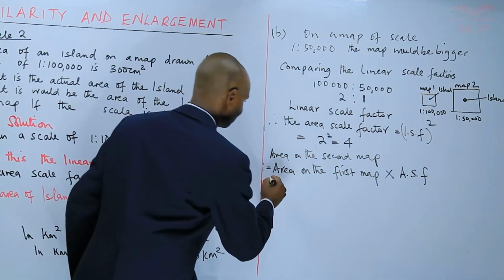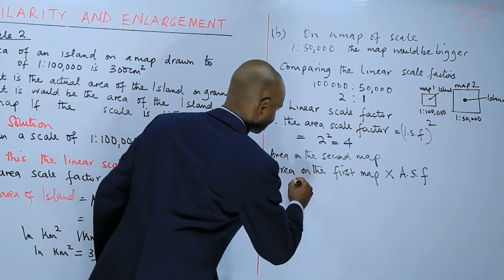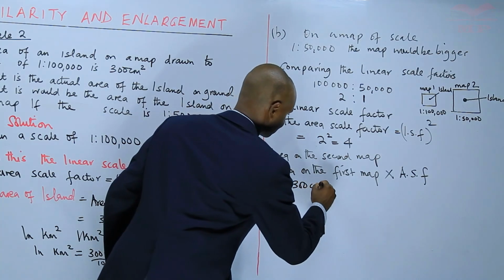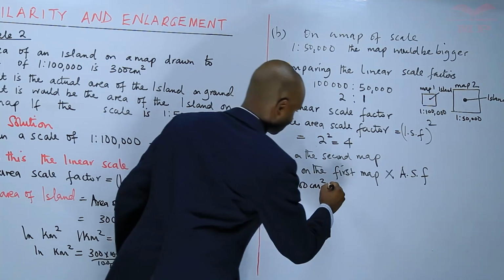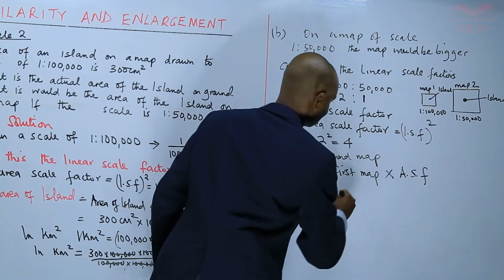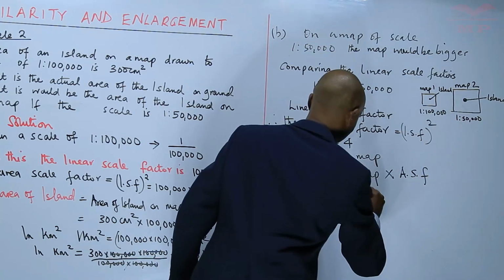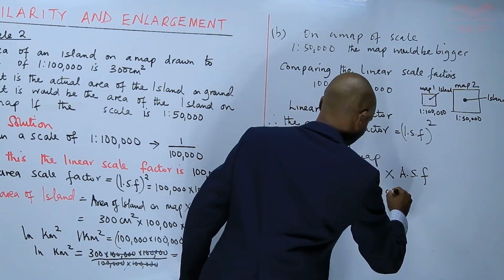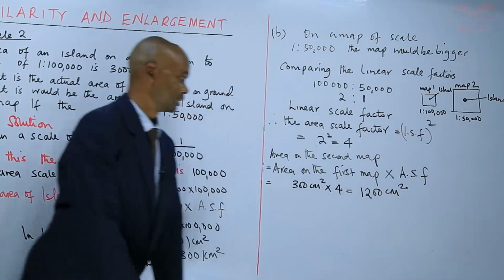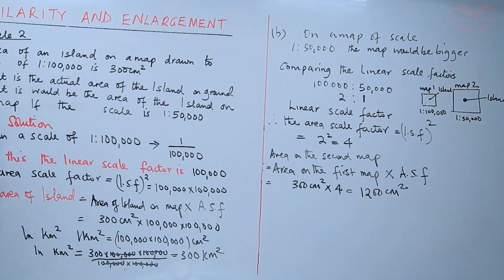So the area on the map, 300 centimeters squared, times the area scale factor, 4, becomes 1,200 square centimeters.